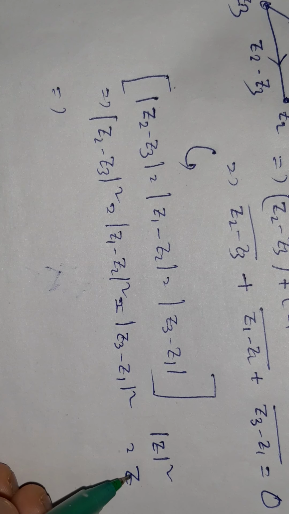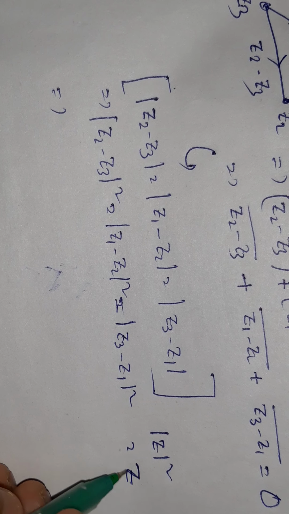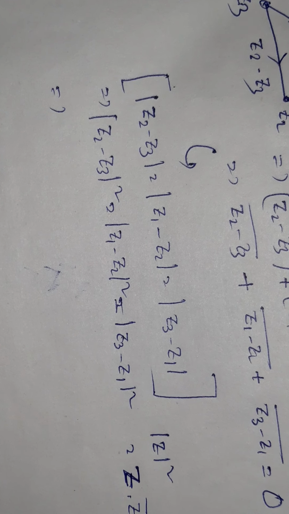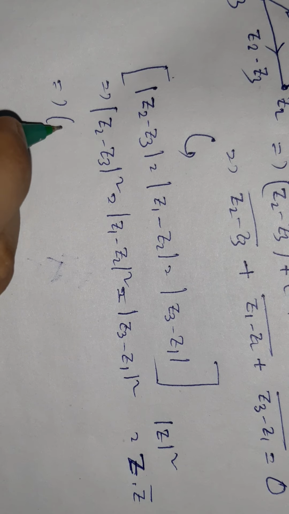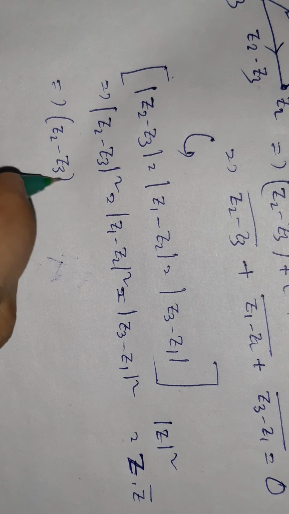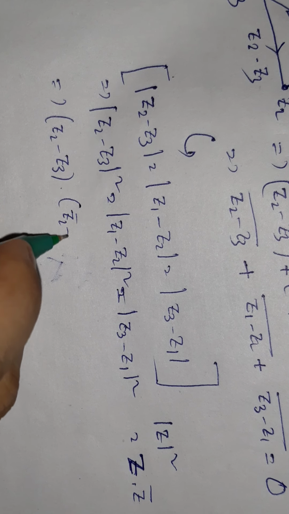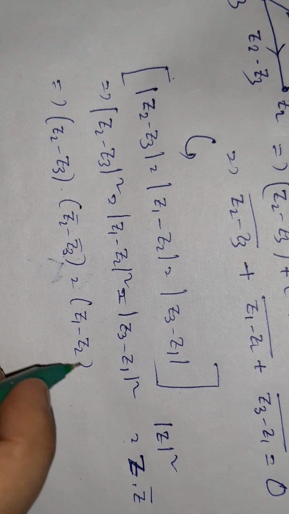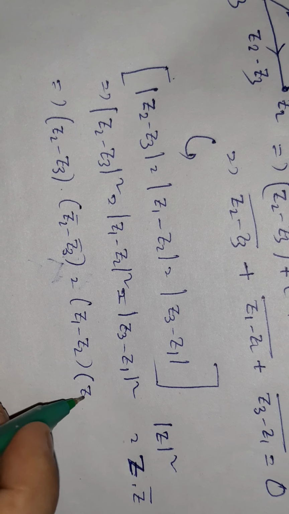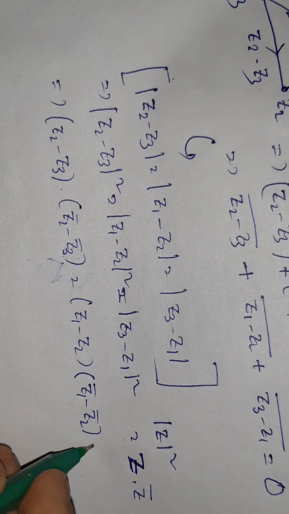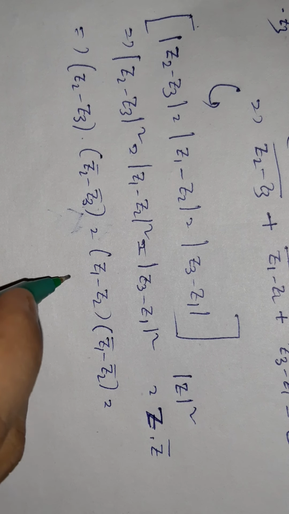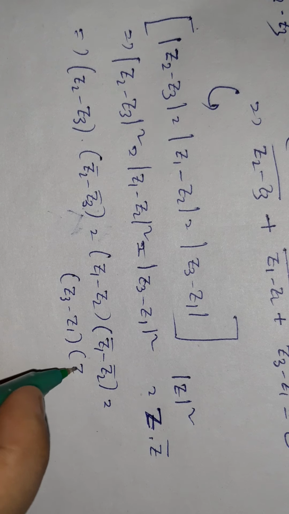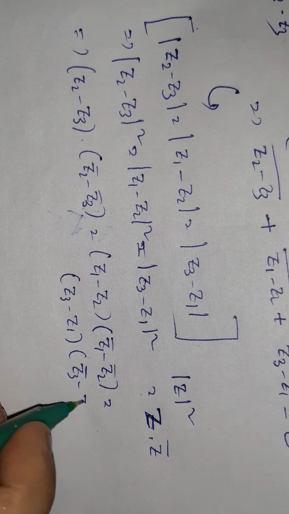You know that the modulus of z squared is the complex number multiplied by its conjugate. So we can write z2 minus z3 into z2 bar minus z3 bar equals z1 minus z2 into z1 bar minus z2 bar equals z3 minus z1 into z3 bar minus z1 bar.